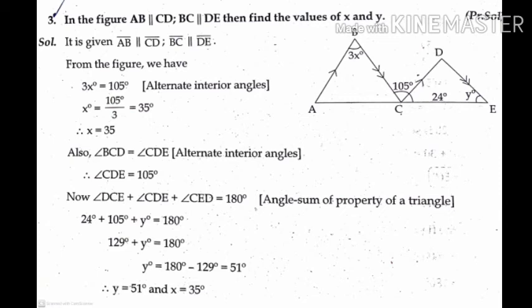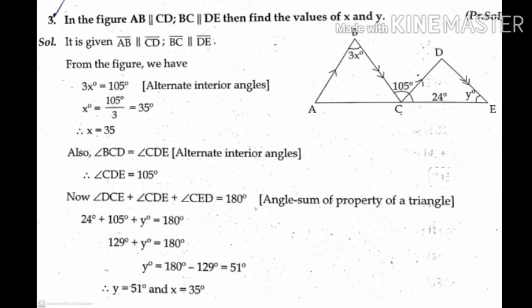And also, angle BCD is equal to angle CDE since alternate interior angles and CD is a transversal. Therefore, angle CDE is equal to 105 degree. Now, angle DCE plus angle CDE plus angle CED is equal to 180 degree, since angle sum of a triangle.